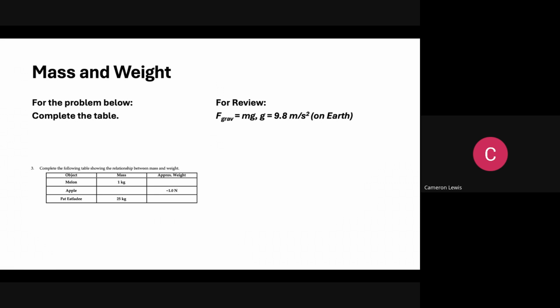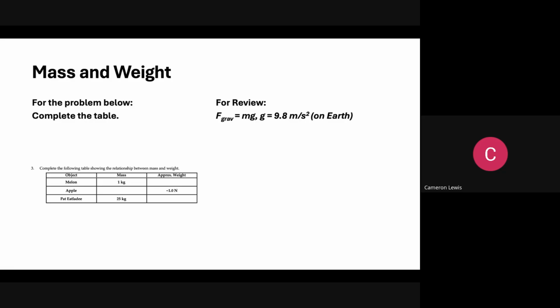So think about it, right? If you're on Earth, how do you figure out how much you weigh? You take your mass and multiply it by 9.81, meters per second squared, which is also what I have in this review, right? So if we want to figure out, like in this first one, how much does this melon weigh?